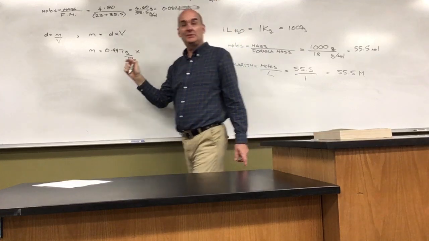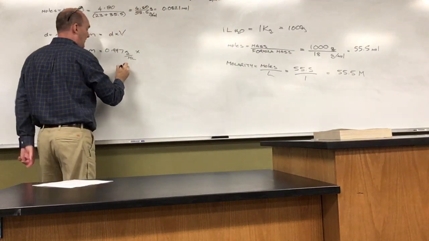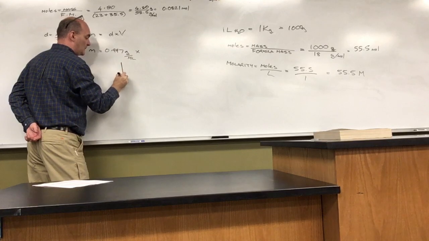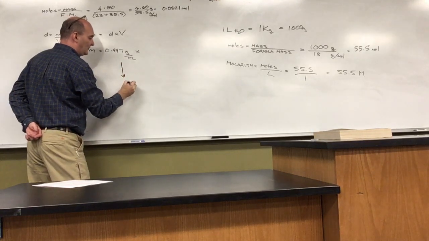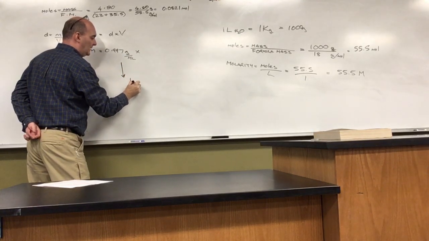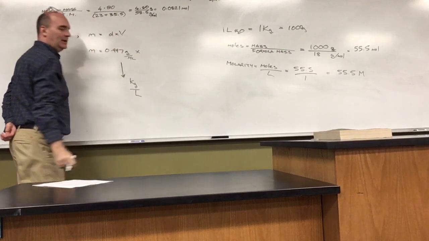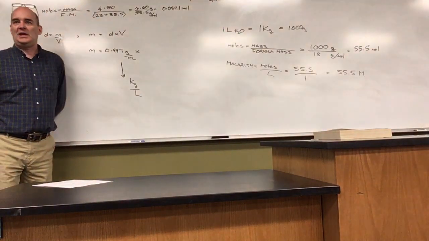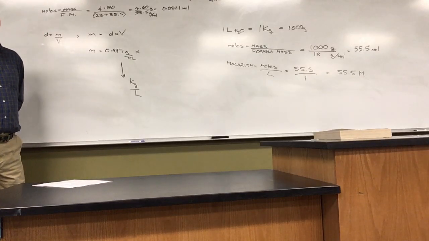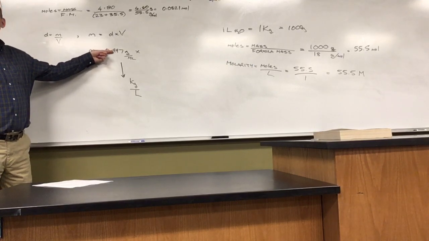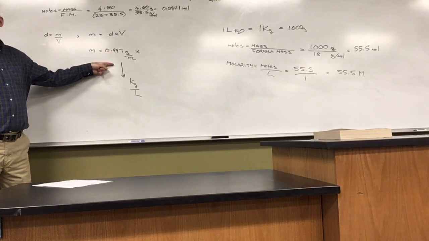And we talked about this. What is the conversion factor if instead of saying grams per milliliter, I wanted to say kilograms per liter? What is that conversion factor? It's 1, because 1,000 grams is a kilogram and 1,000 milliliters is a liter.